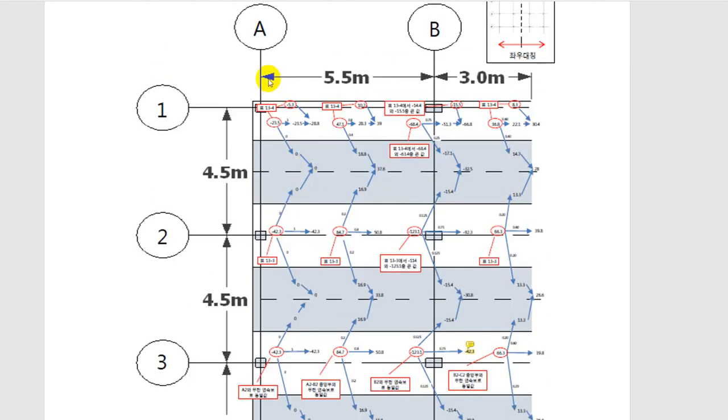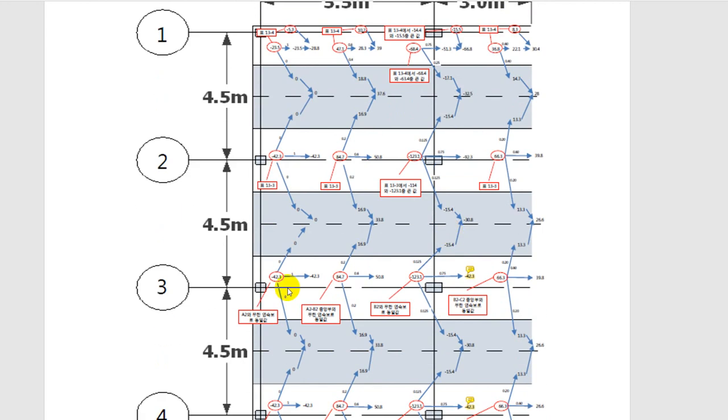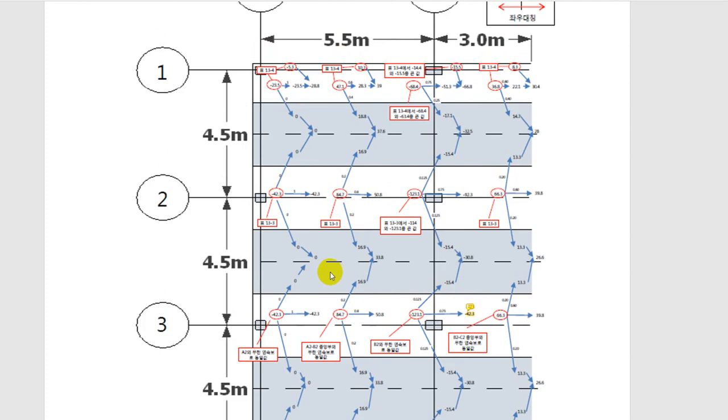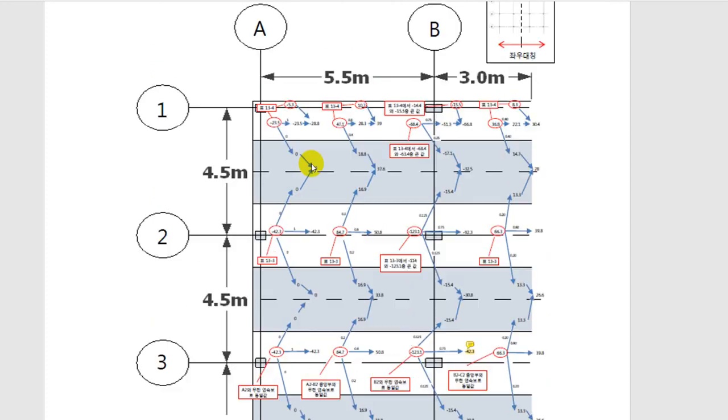A1 B1 strip, which is edge strip, and A2 B2 strips, which is middle strips. But A3 B3 strips are repeating. So their designs are identical to A2 B2 strip, right?